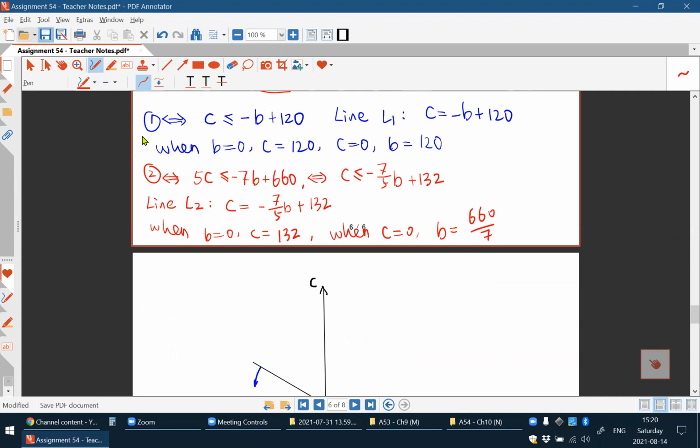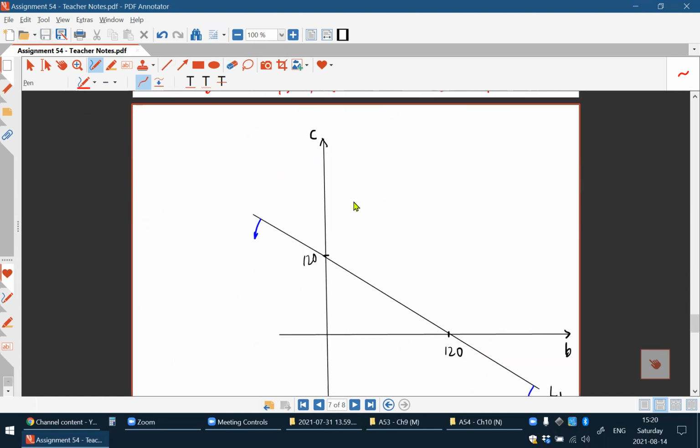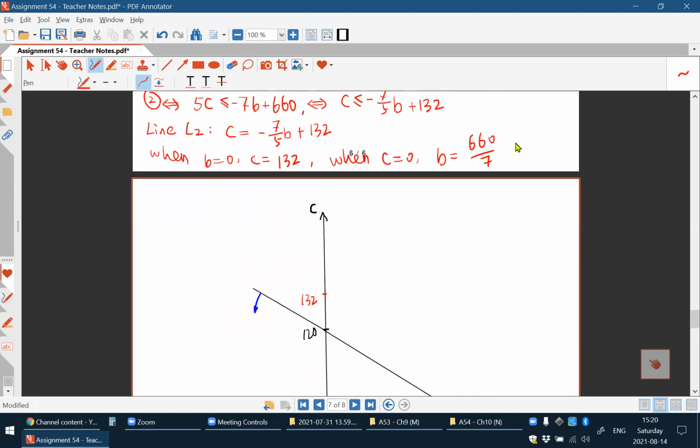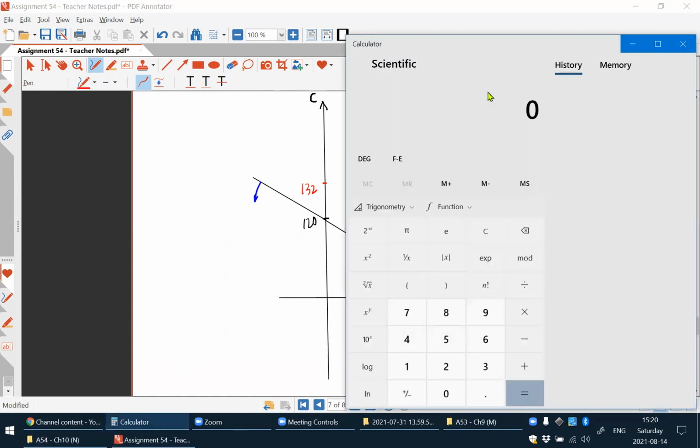Okay, so this means we can draw the second line on the graph now. It passes through 2 points. The first point is 0, 132, suppose it's here. And the next point is 660 over 7, 0. So 660 over 7 is about, because you need to check if it's to the right or left of 120, right?